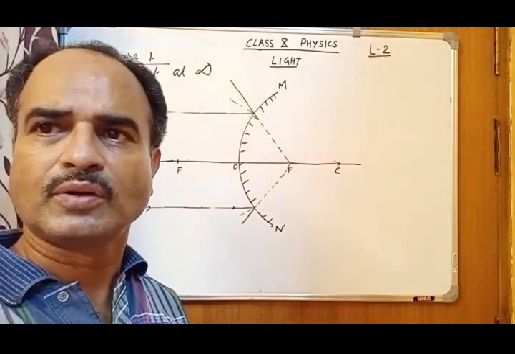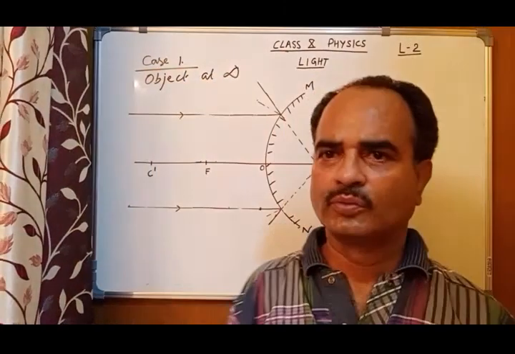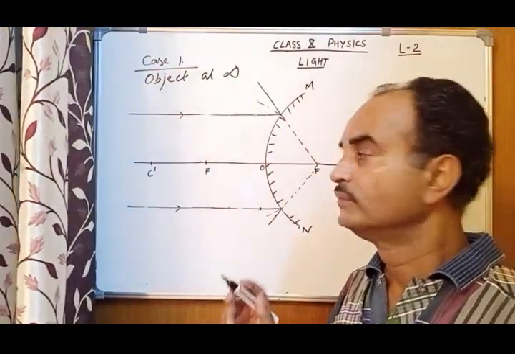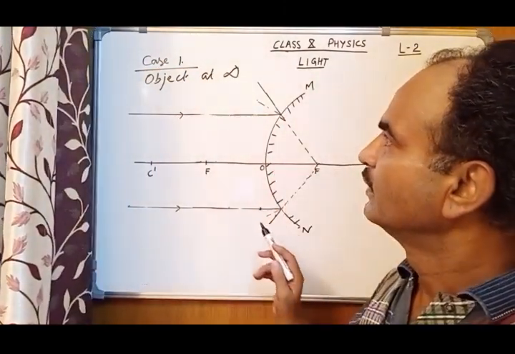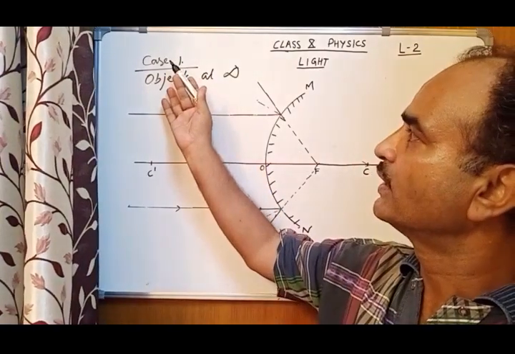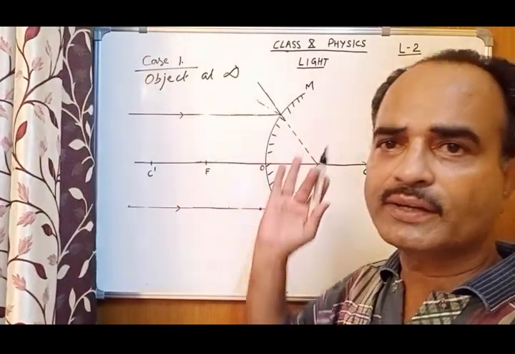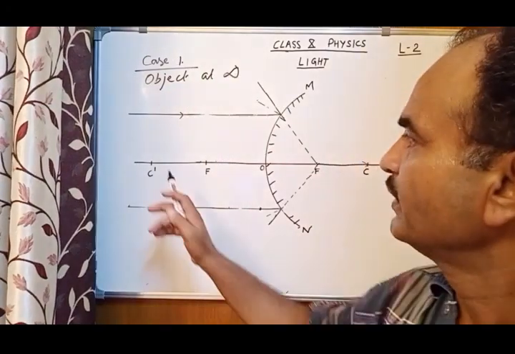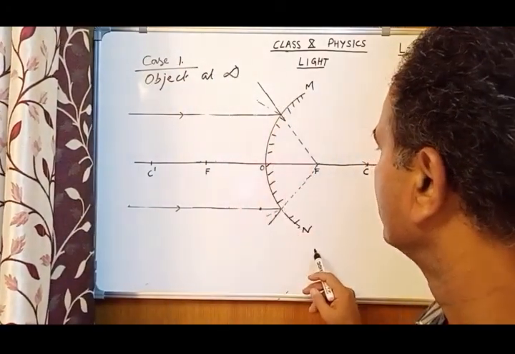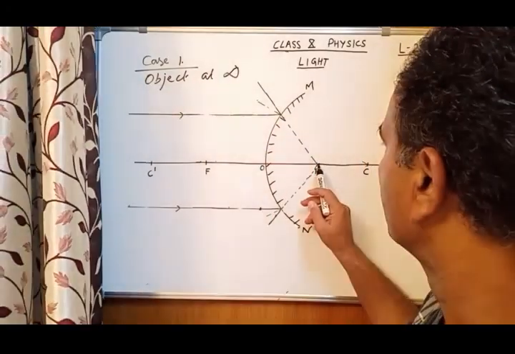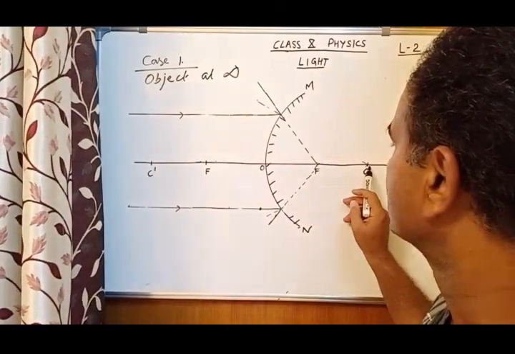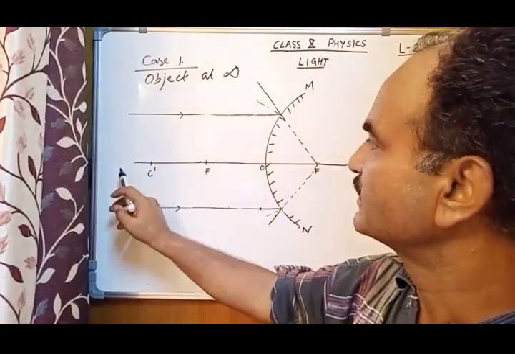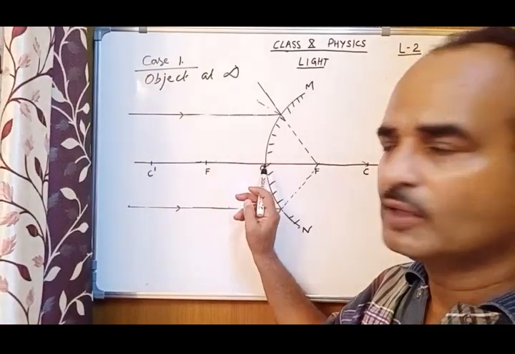Now in the case of a convex mirror, let us discuss case 1, when the object is at infinity. This is the convex mirror, this is the focal point, this is the center of curvature, this is the principal axis, and this is the pole.